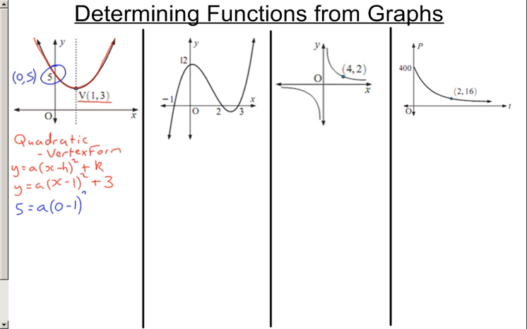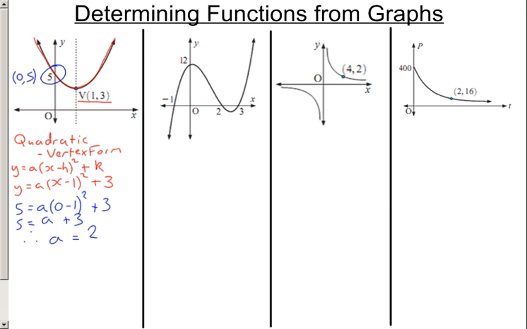So we replace those two values into our equation, and then we can solve this equation. We get 5 equals, well, 0 minus 1 is minus 1, squared is just 1, so we get a plus 3. So a is 5 minus 3, which is 2.